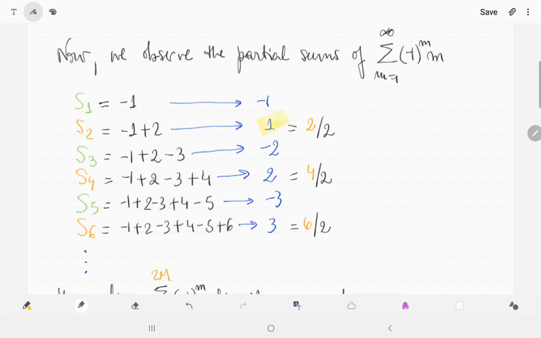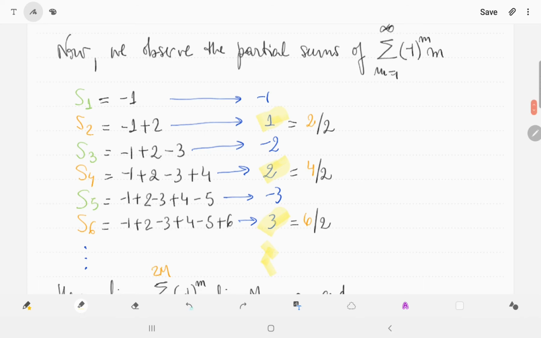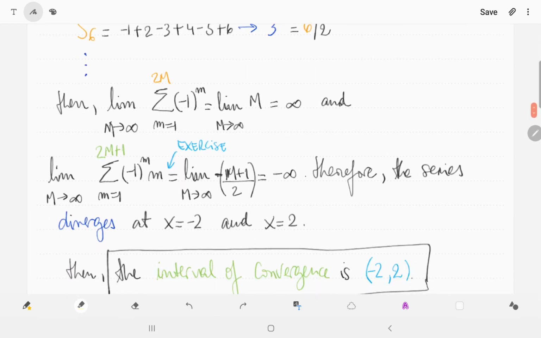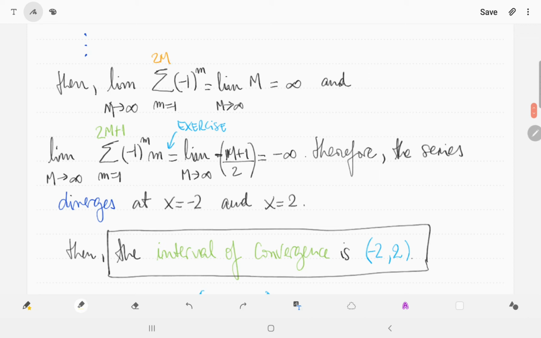If we choose these terms, we can imagine that we are increasing, taking the values 1, 2, 3, 4 until infinity. And if we look at the other part, -1, -2, -3, and so on, we can imagine that we are going to -infinity.